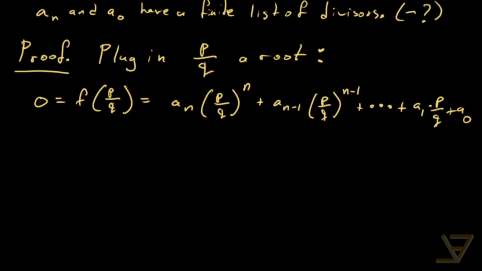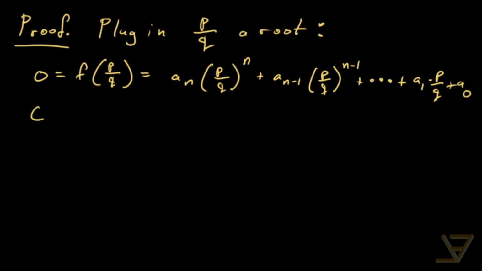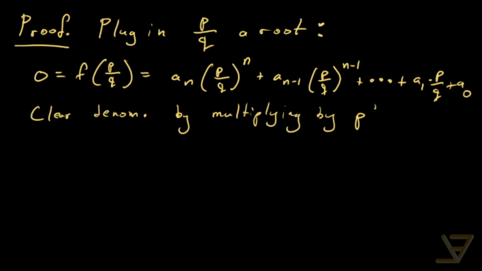And now what we're going to do is clear the denominators by multiplying both sides by, not p to the power of n, but q to the power of n.